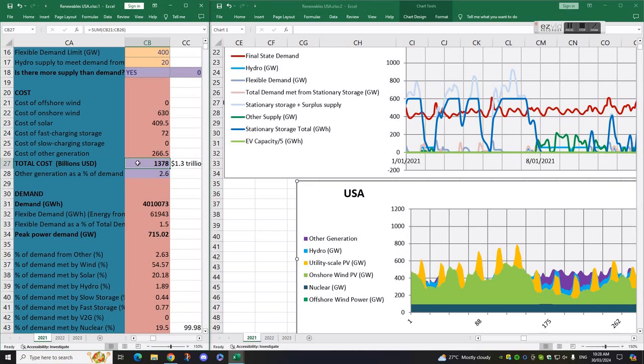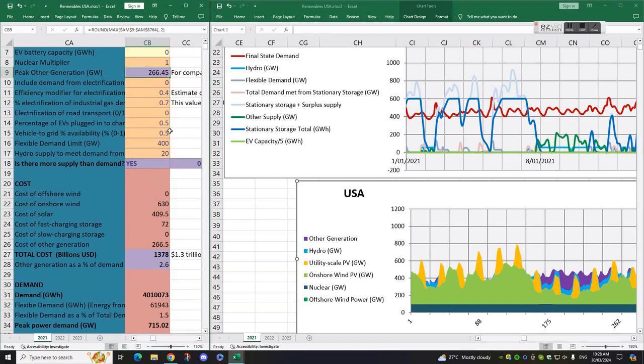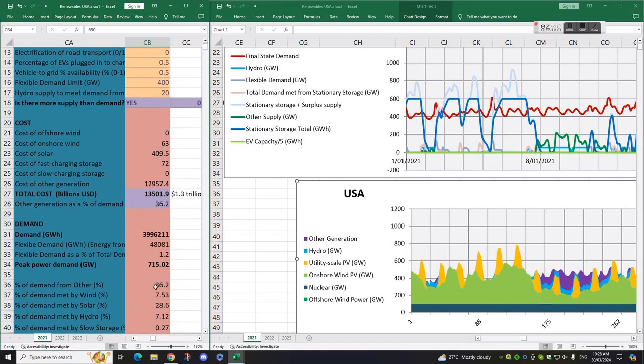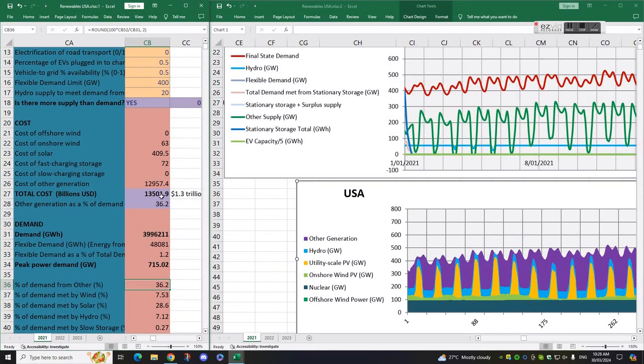The other generation becomes increasingly expensive once it gets above 5% of total demand. So here it's at 2.63% of total demand. So it's more or less just $1 billion per gigawatt of generation capacity. If I had, say, a lot less wind and solar, so that the other generation was much larger, now it's 36% of total demand, we can see the costs going out of control.